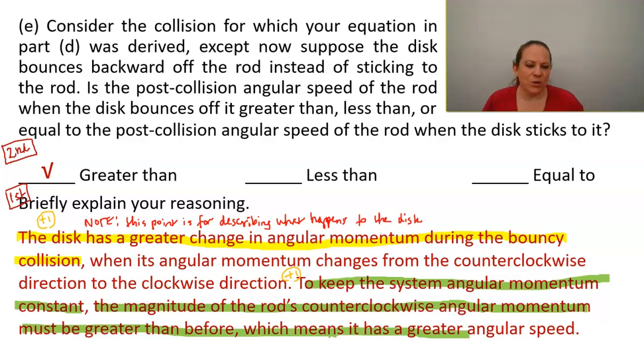which means it has a greater angular speed. Note that this point is for describing what happens to the rod. So we had 2 points here, 1 point for describing what happens to each of the two objects involved in this interaction.